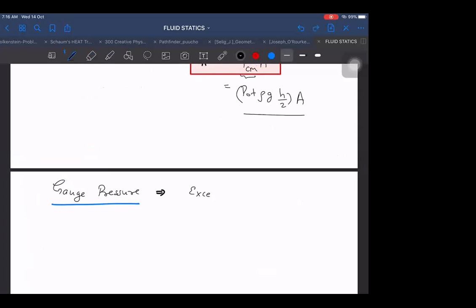Or we can say gauge pressure will be pressure minus atmospheric pressure P naught. P naught I am using for atmospheric pressure. This we will call gauge pressure.